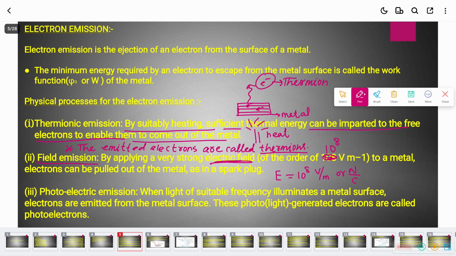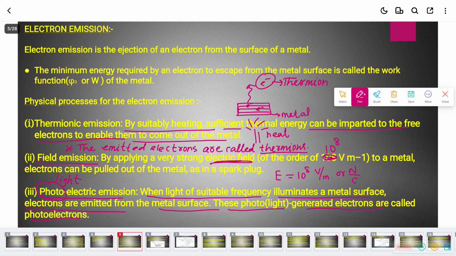Now photoelectric emission. What is photoelectric emission? When light of suitable frequency illuminates a metal surface, electrons are emitted from the metal surface. These photo generated electrons are called photoelectrons. Photo means light. So with light energy, photons, you are removing electrons from the metal surface.